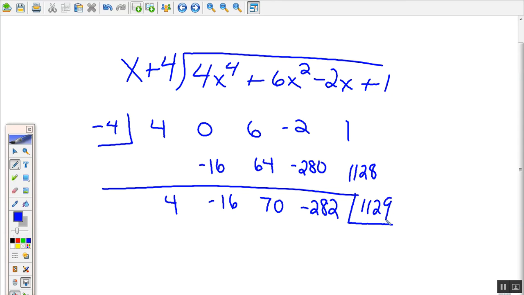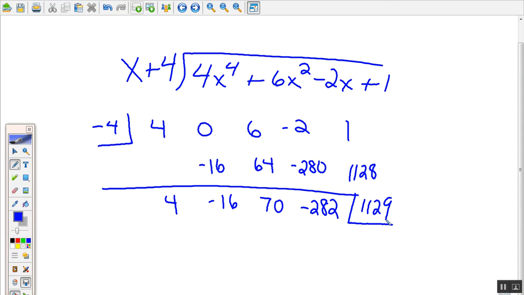Okay. So this polynomial, this fourth degree function, or this quartic polynomial divided by this binomial of the form x minus k, what's that going to look like in polynomial form given these coefficients now? Hang on, Whit.